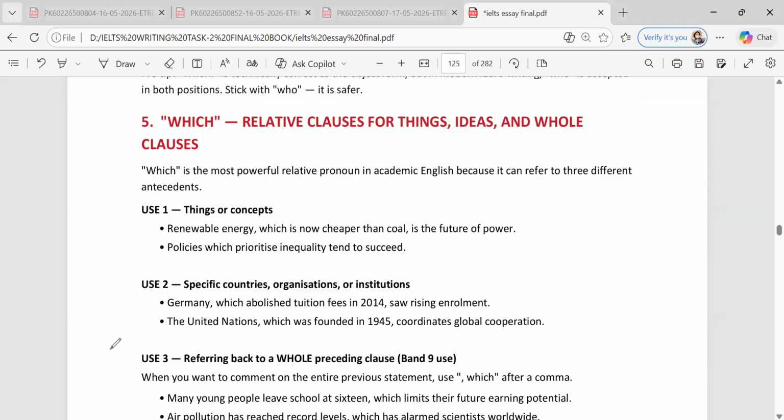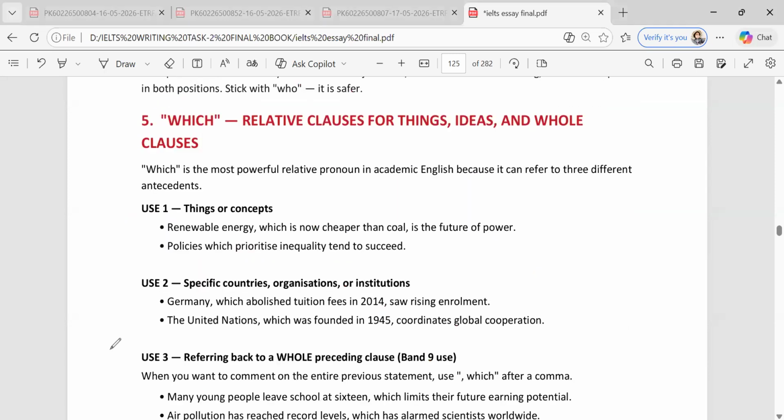After this, we can use which. Relative clause for things. The second one is which. Again, it's a relative clause for things, ideas, and whole clauses.